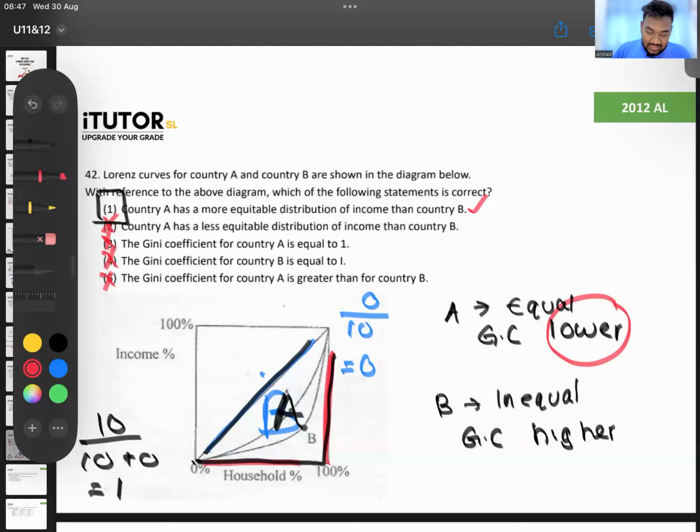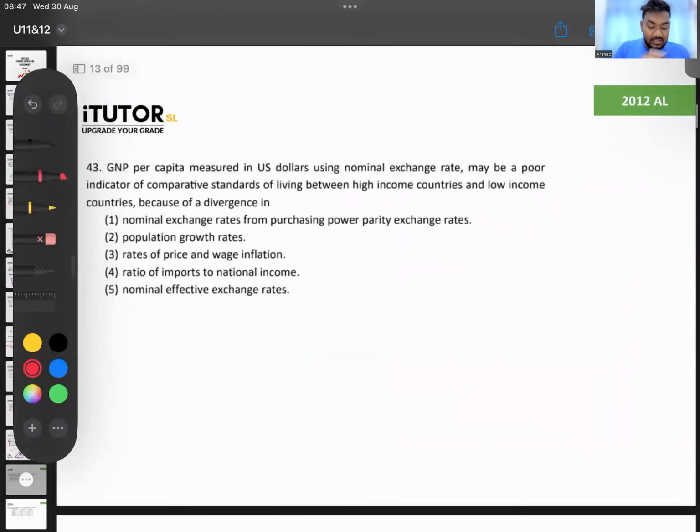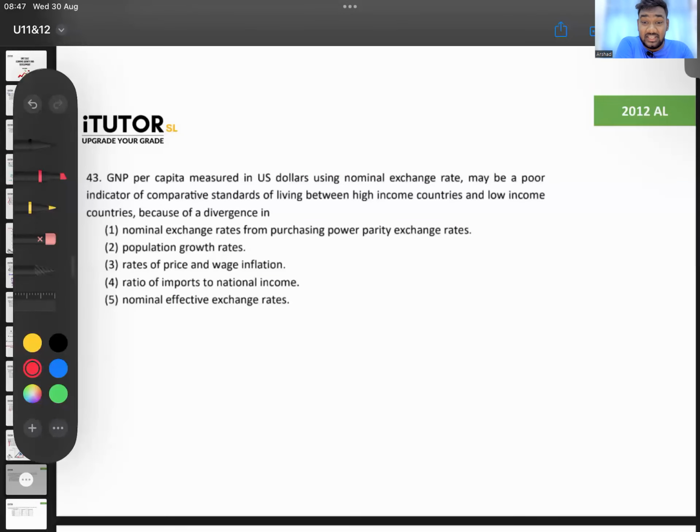Okay. Then we'll go to 43. GNP per capita measured in US dollars using nominal exchange rate may be a poor indicator of comparative standards of living between high income countries and low income countries because of a divergence in what? What can you say, guys?